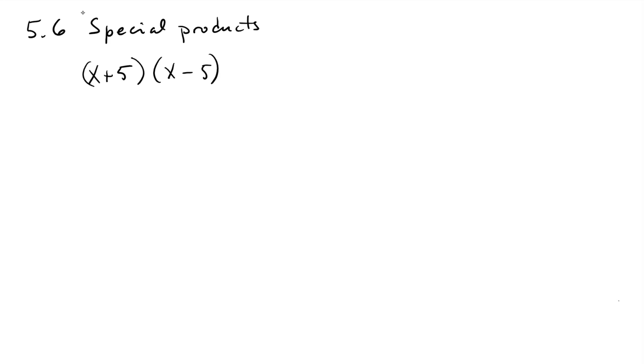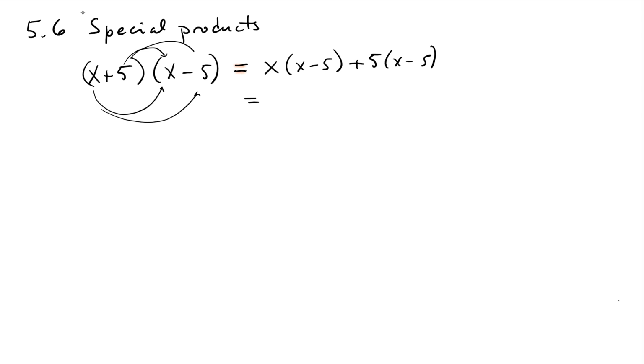If I use the method from the previous section, I would do x times x minus 5 plus 5 times x minus 5. I could even skip that step. Remember, I have to do x times x, x times minus 5, 5 times x, 5 times minus 5.